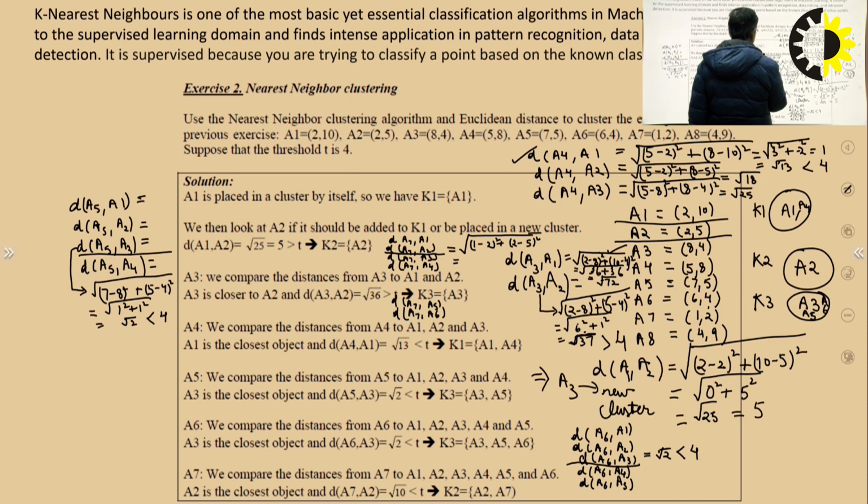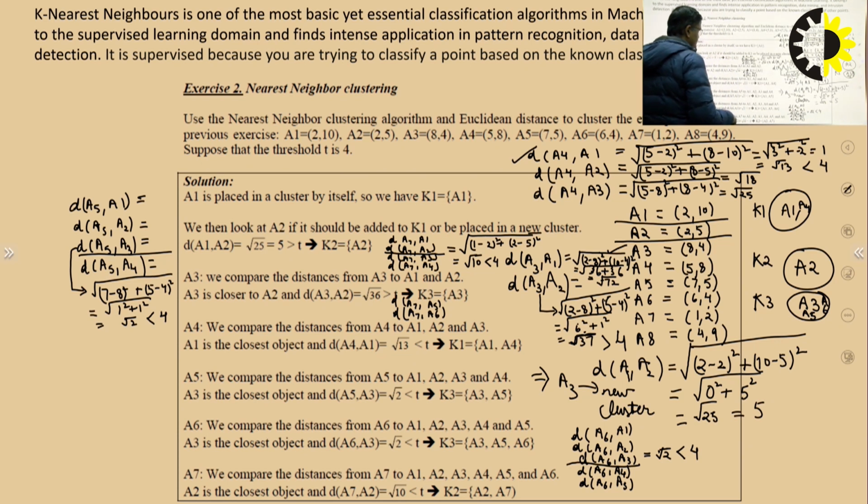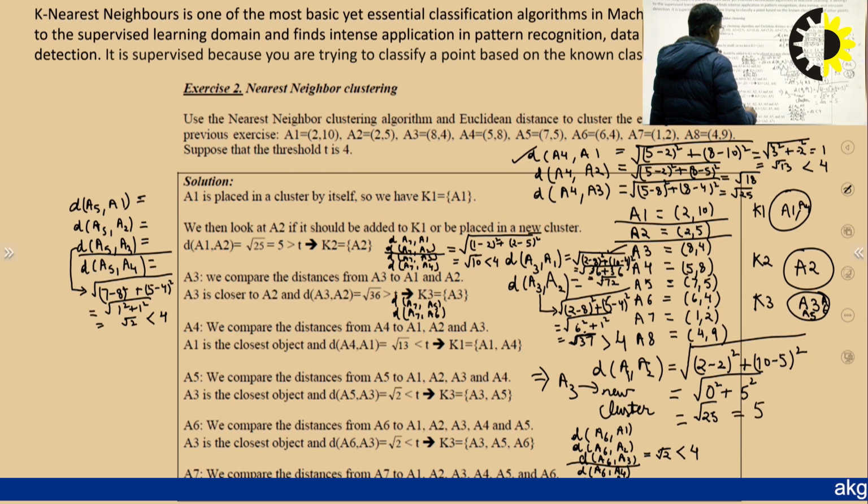That comes out to be root 10, and root 10 is less than 4. Therefore A7 will go into the cluster which contains the point A2.